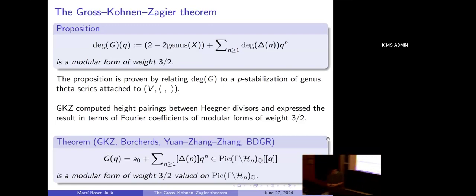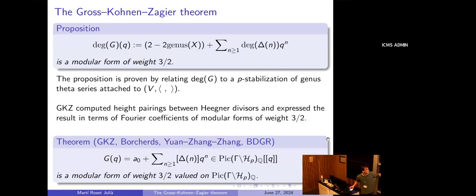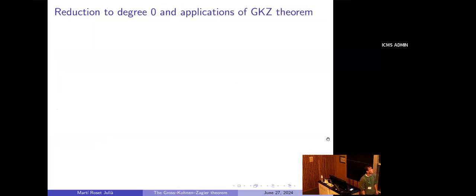But the observation of Gross, Kohnen and Zagier is that we can apply a lot more functionals. The functionals they studied were: take the height pairing with a fixed Heegner class. So now I'm going to do a small reduction of the theorem where the divisors that appear all have degree 0. And then I'll briefly mention some applications of this theorem.